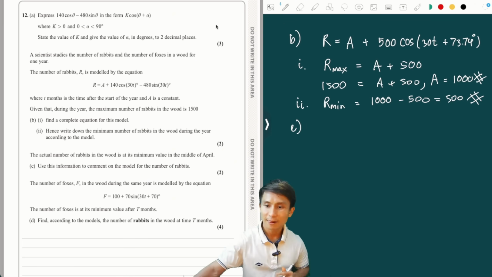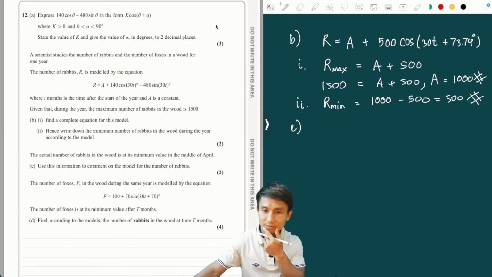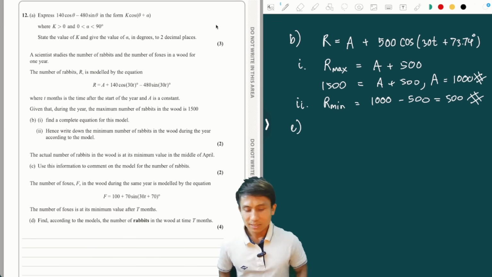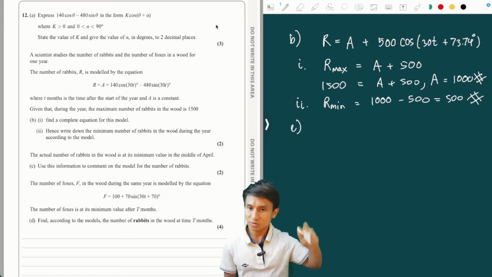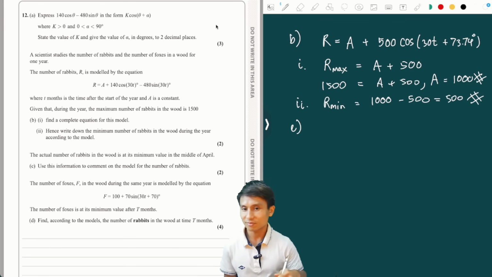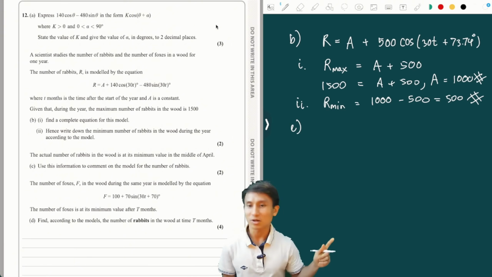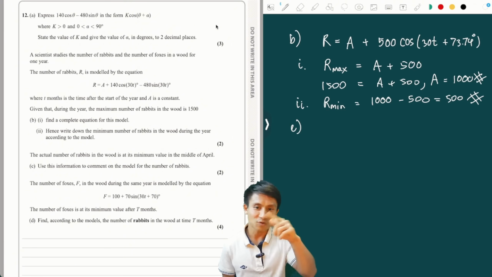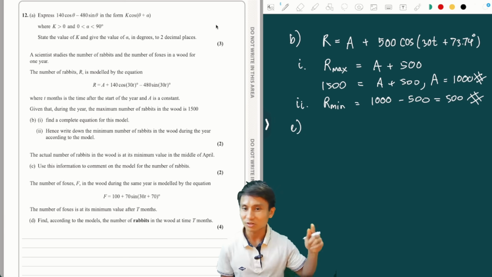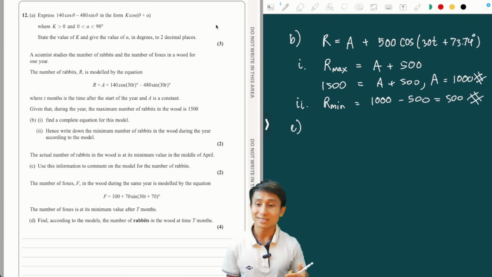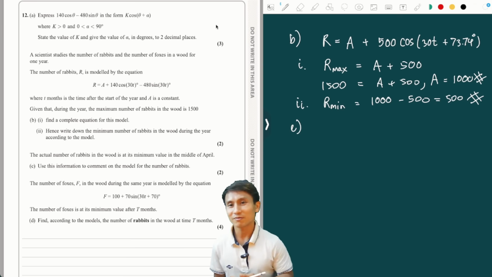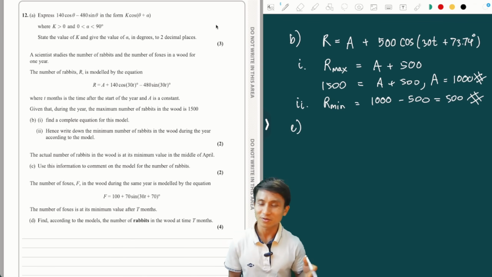Next is C. Use the information to comment on the model for the number of rabbits. Well, if you progress the time for as long as possible, it seems like the quantity of rabbits fluctuate somewhat, that is not quite realistic, is it? Because if everything goes right for the whole group of rabbits there, they should maybe keep increasing, or not fluctuate this much.